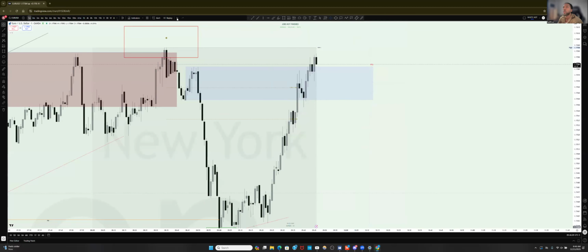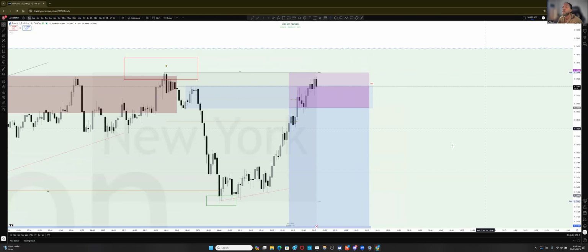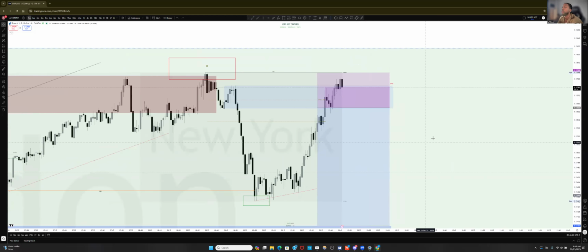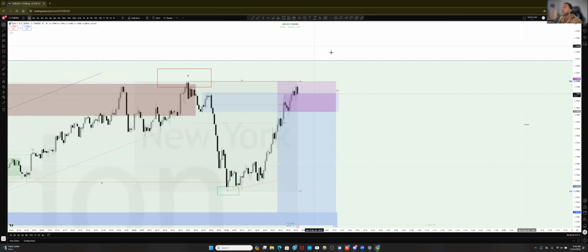So yeah, we can see that price is about to hit the high of these wicks, take out these inducement highs, take this liquidity before continuing to the swing high of this trading range.